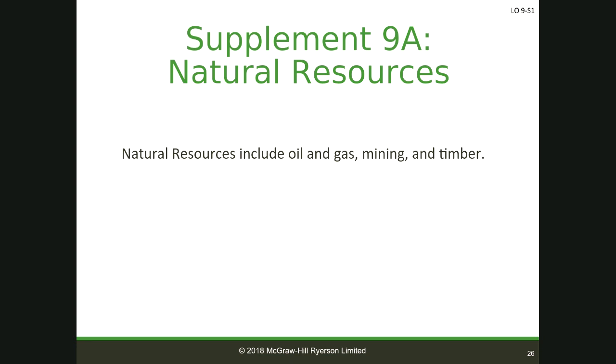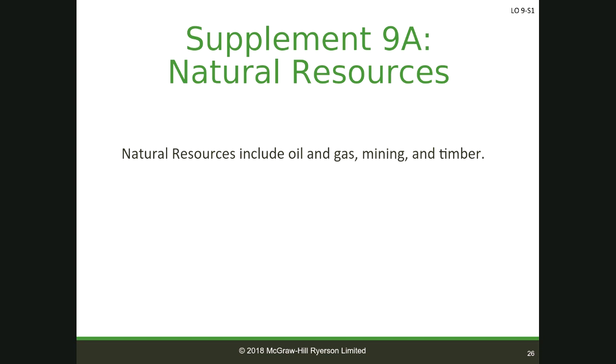Okay, so remember we talked about the other day the three depreciation methods. Right? And one of those methods said you have to know what the output is going to be of the particular asset. Okay, so in this case, natural resources for oil and gas companies, we have to estimate how many barrels of oil, for example, are we going to be able to take out of the ground for the site that we're at.